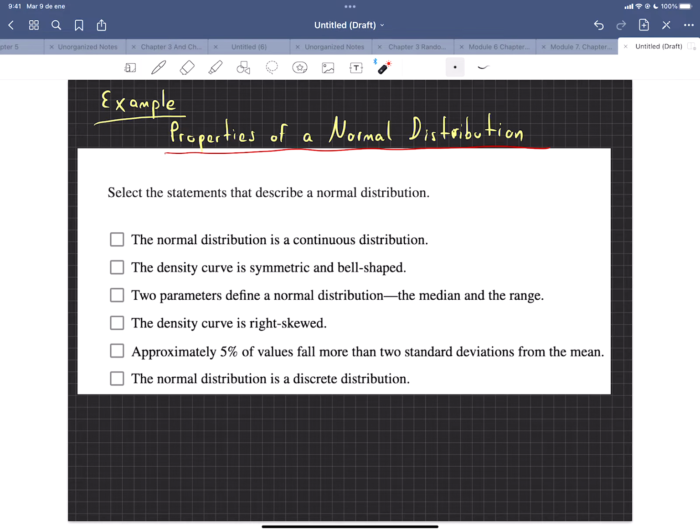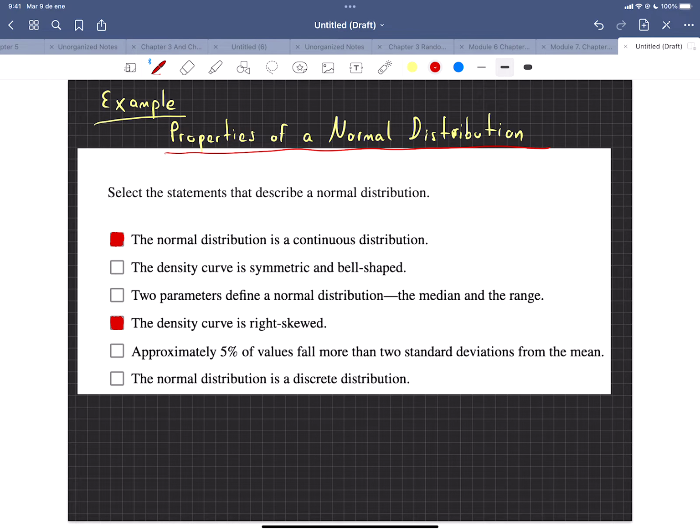First, the normal distribution is a continuous distribution. That is true. What else? The density curve is symmetric and bell-shaped. I just explained this. Of course, it is true.